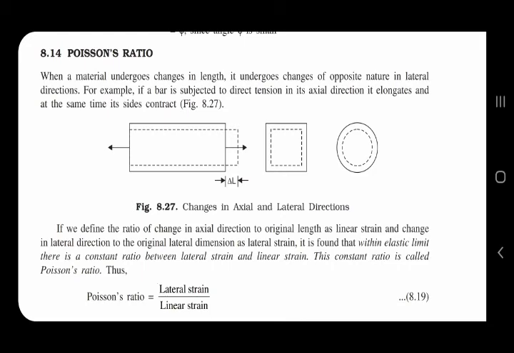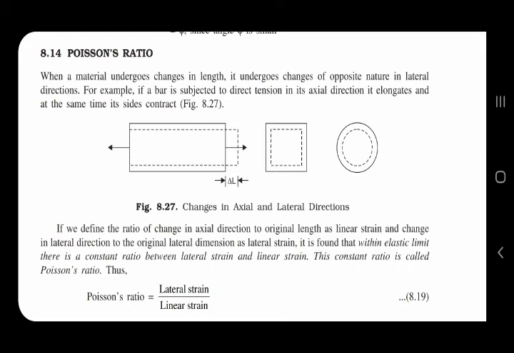For most of the metals its value is between 0.25 to 0.33, and its value for steel is 0.3, and for concrete it is 0.15. Now why do we require Poisson's ratio? Because the next thing that we will be seeing is the volumetric strain.